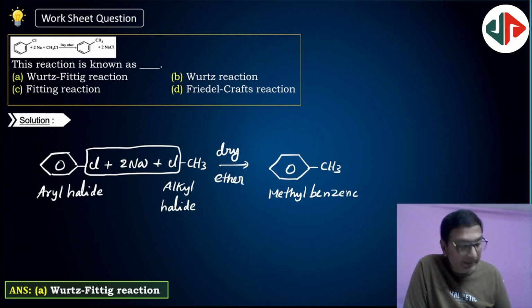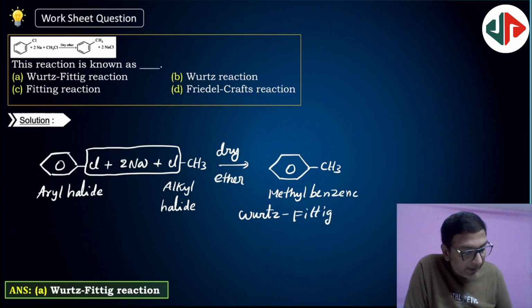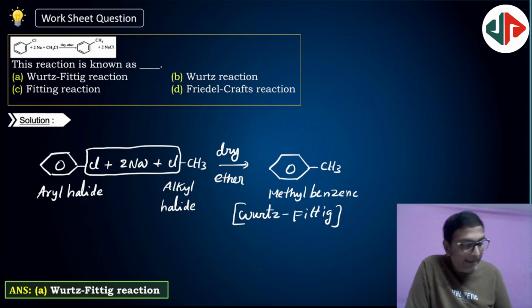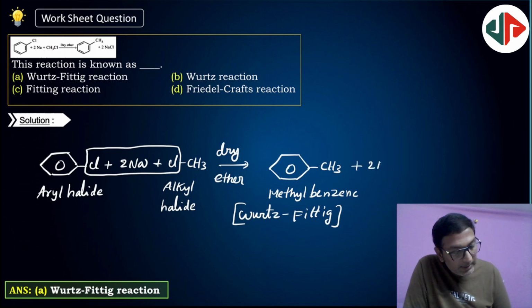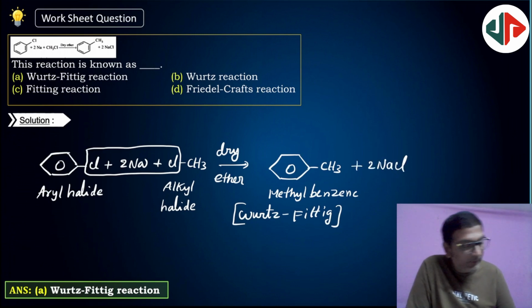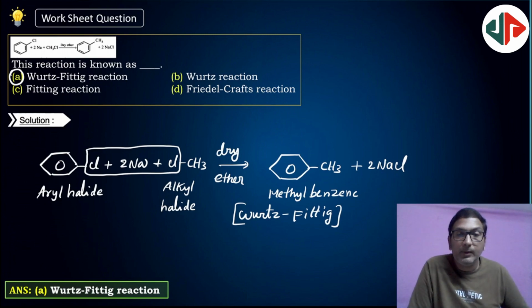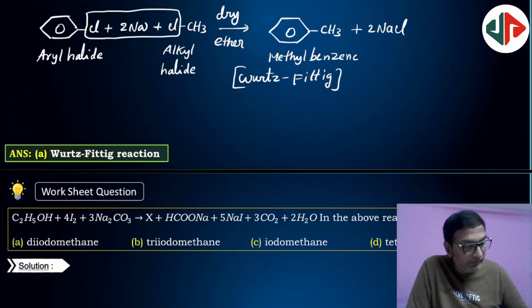So this is Wurtz-Fittig reaction, plus 2 moles of NaCl. So alkyl benzenes will be formed. Wurtz-Fittig reaction, option A, named reaction. Next.